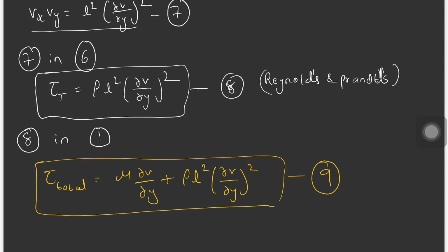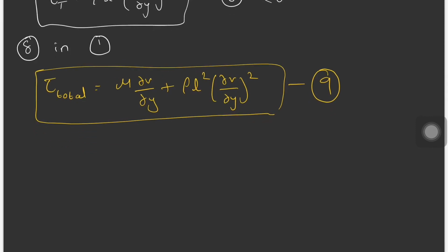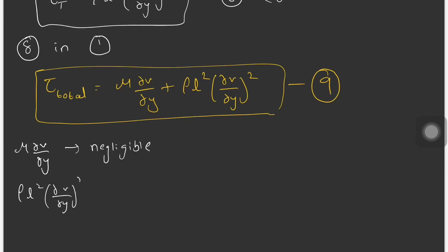This we have derived. Some important points we need to consider here: usually in our day-to-day general conditions, mu dou v by dou y is negligible, and rho L square into dou v by dou y square is very high.